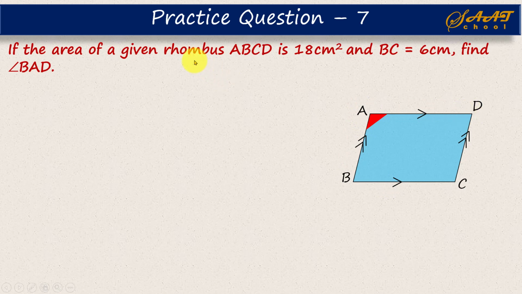So we use area of rhombus equals the product of these two sides, AB and AD, and the angle between them. So you can find this angle because we have AB 6, AD 6.